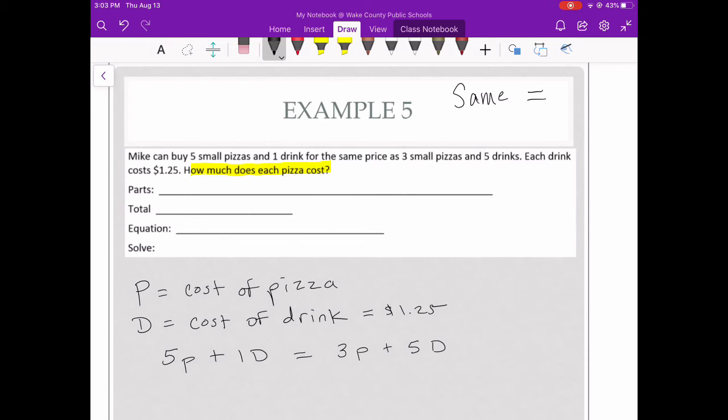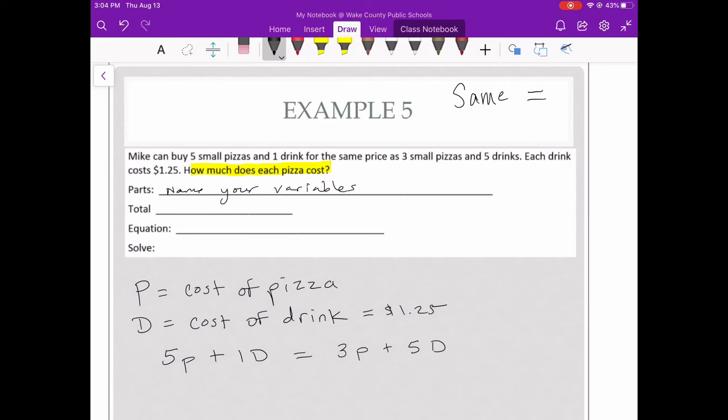Okay? So hopefully everybody could see my equation and how that works out with that first statement right there in the word problem. So right here for our parts, that's where we named our variables. Name your variables for your important pieces there.